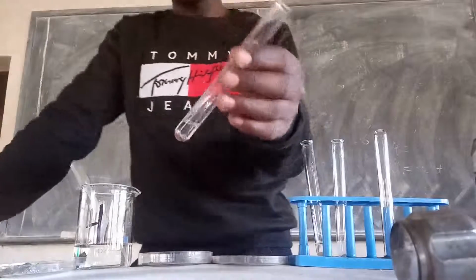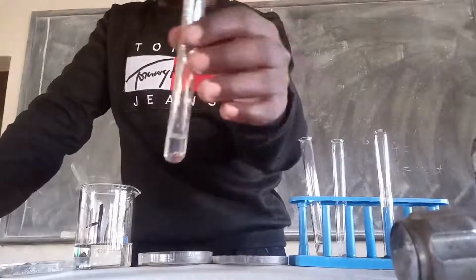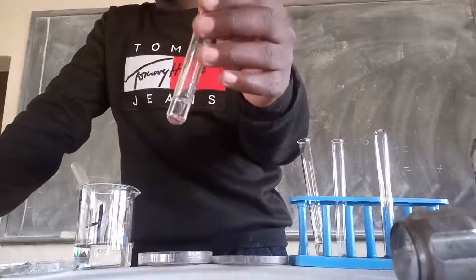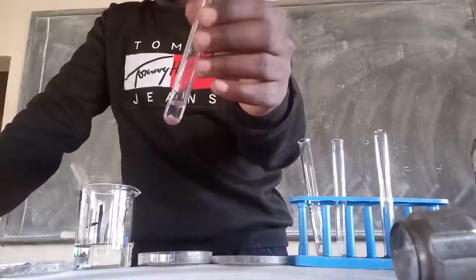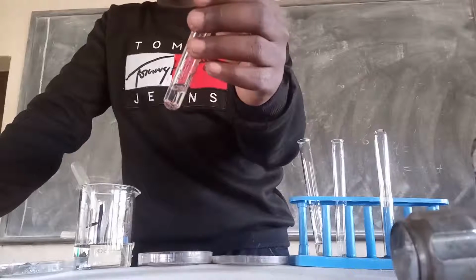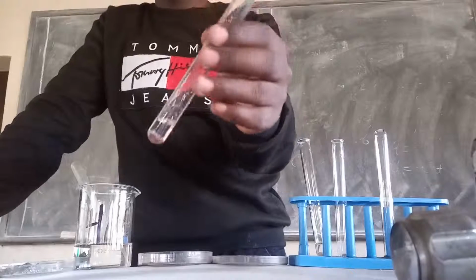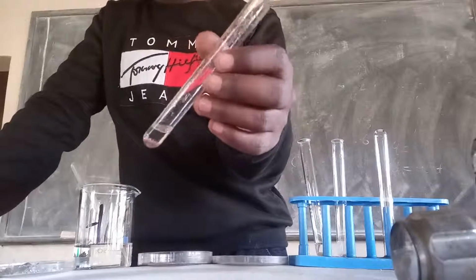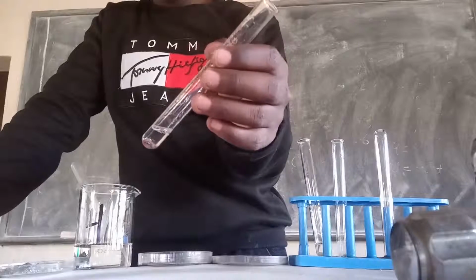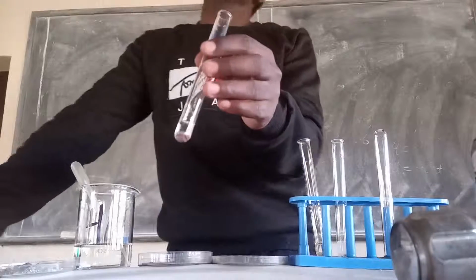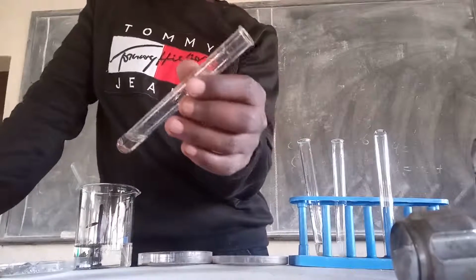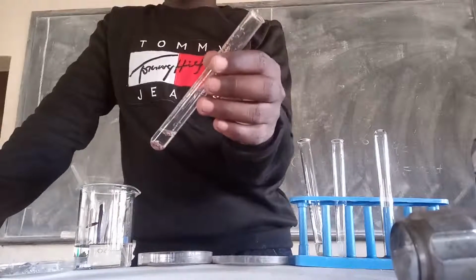So when you mix hydrochloric acid with copper, the reaction won't take place, and the reason is because copper does not have the capacity to displace hydrogen gas from the acid. Because if you draw up your reactivity series, copper is found below hydrogen.